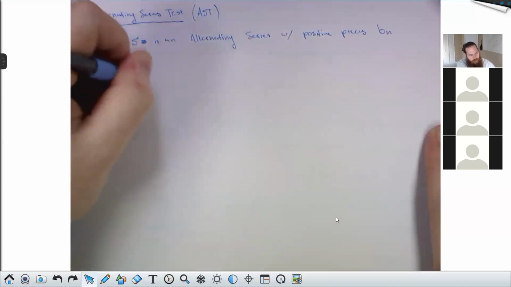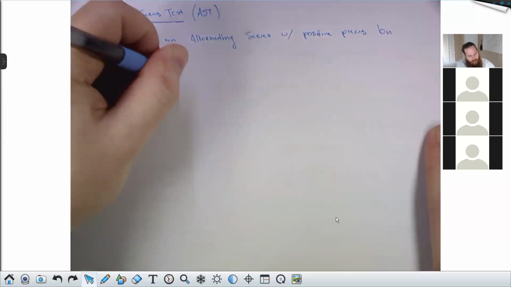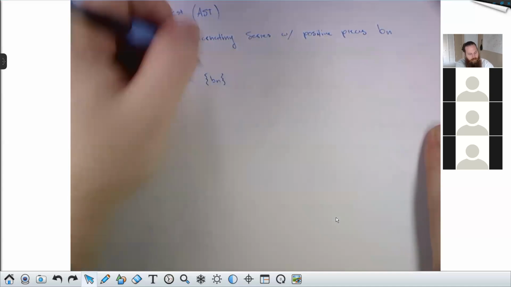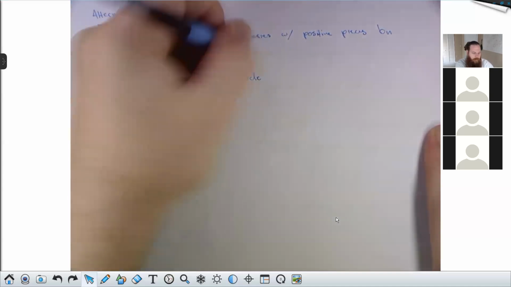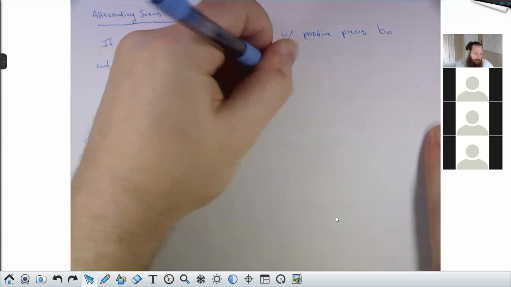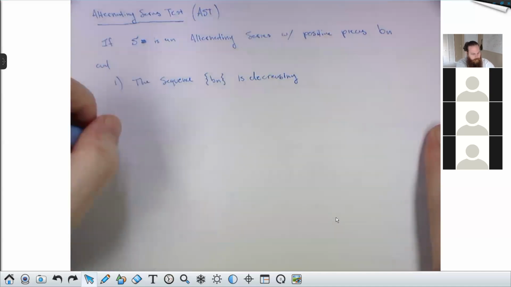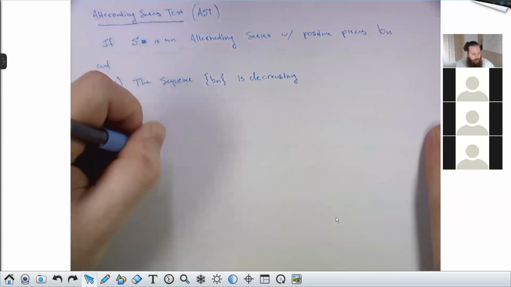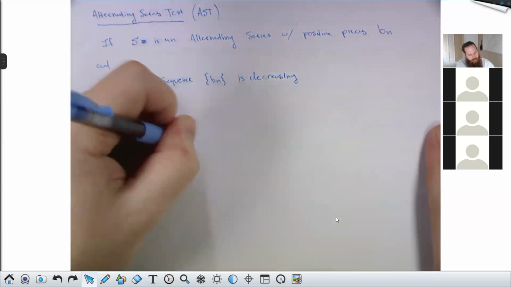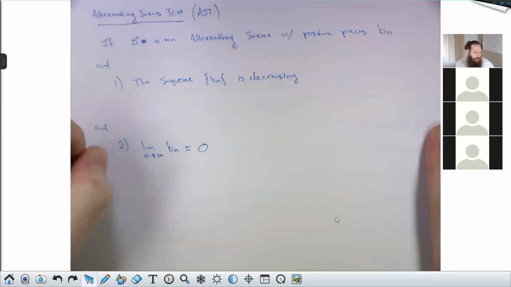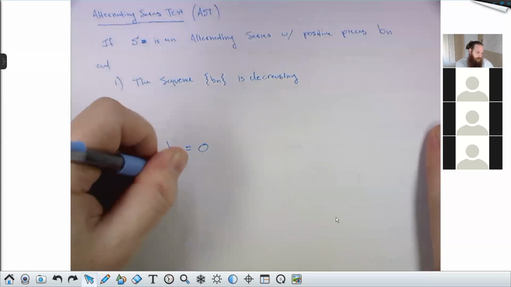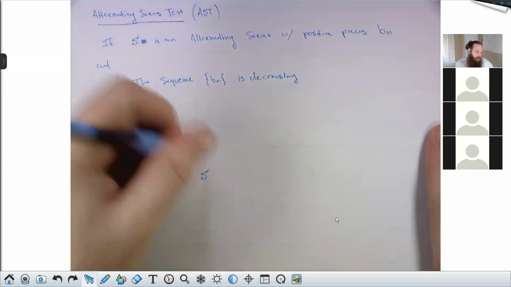First, the sequence Bn is decreasing, and the limit as n goes to infinity of the Bn's is 0, then the series S converges.